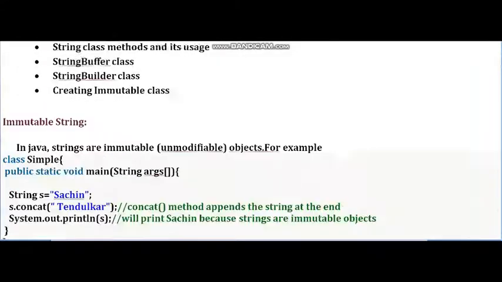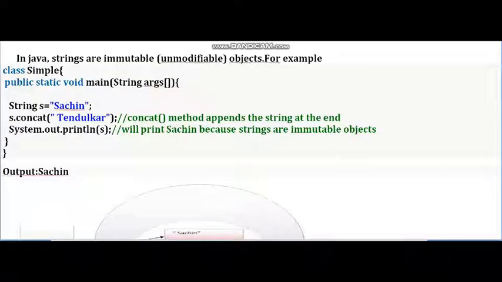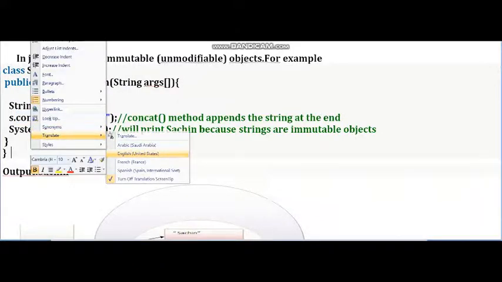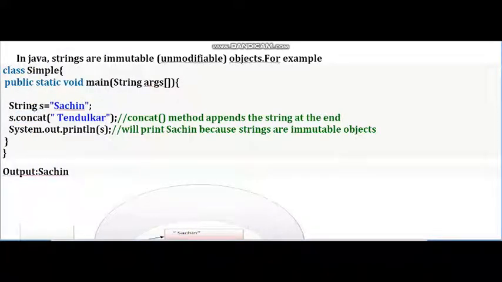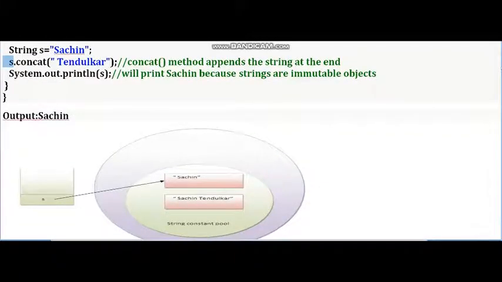So what happens here is this. First have a look at this example. You have Sachin in s and you want to concat it. Concat means edit that or add after that. So s.concat Tendulkar should print Sachin Tendulkar, but it doesn't, because s is a string and in Java string is immutable, it's unchangeable.